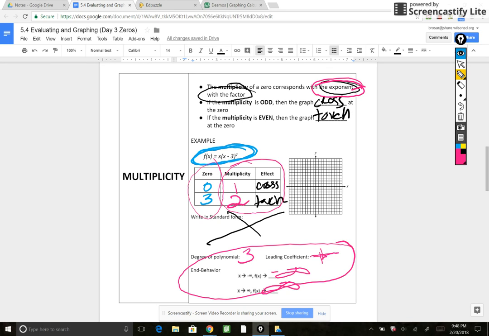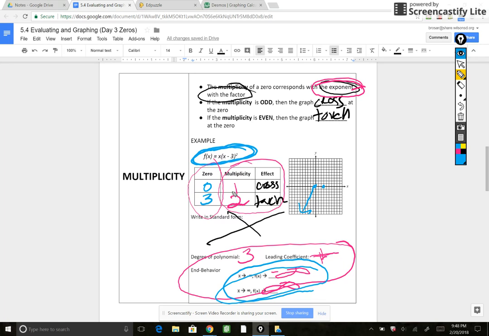So then we're going to graph it without using a calculator. So when graphing it without using a calculator, plot your zeros. So I cross at 0 and then also at 3. And then how I know how to connect them: look at your end behavior. So that says I start down. So that means I'm going to start with my arrow going down.